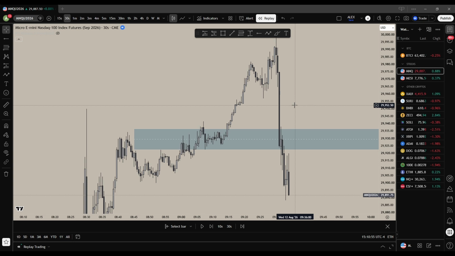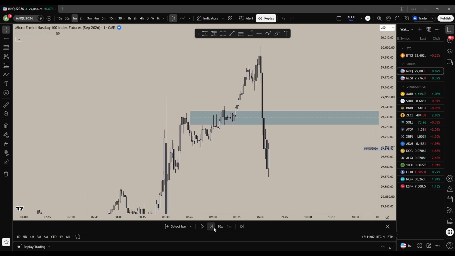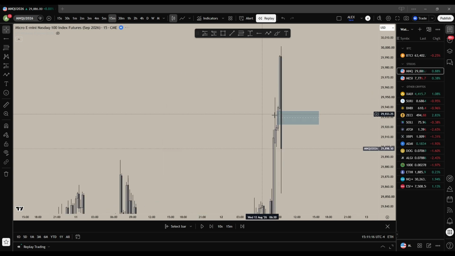I was strongly bullish, and if we come on the 1 minute, I was still bullish here. I don't know why, and here because of work I couldn't be fully locked in, and so I thought we were inside a 15-minute gap, but I did not see that we just inverse this one.